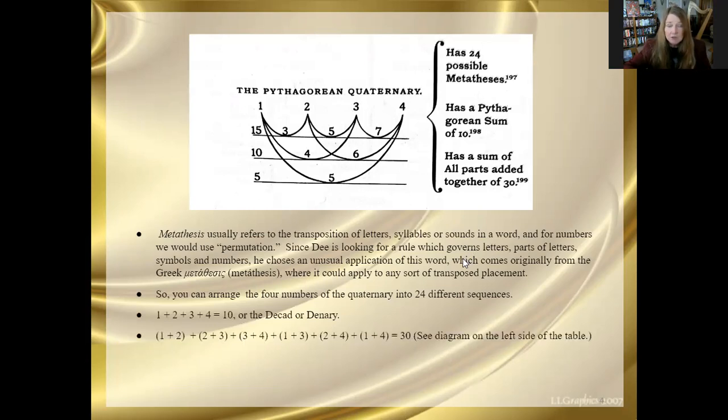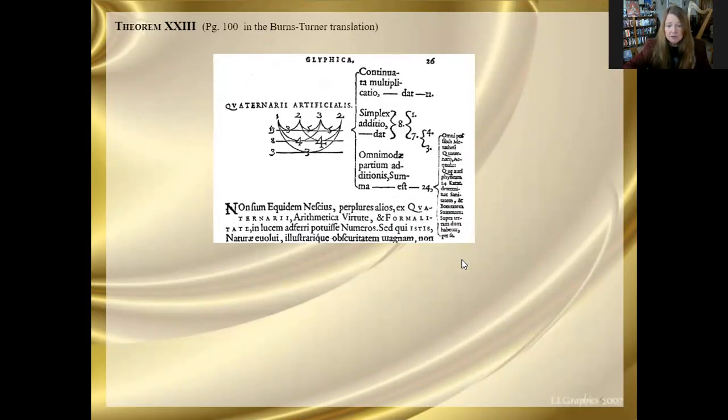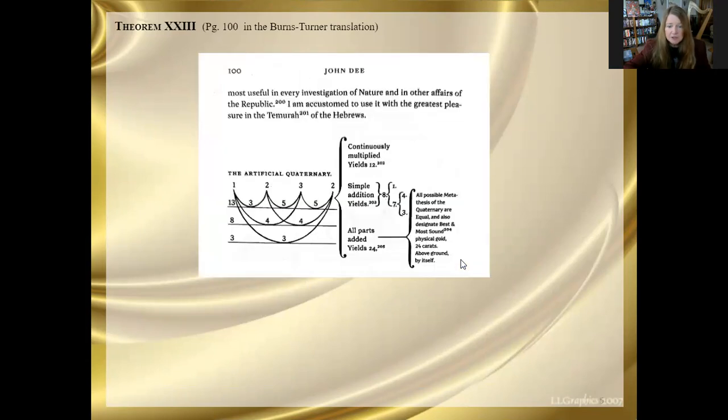So that quaternary we found wasn't that difficult. Then we have his artificial quaternary. And we've talked about how artificial, when he uses that word, means by art, in the way that Plato makes much of the ancient Greek term techne, a skilled art or skilled craftsman. So we saw what he was doing in that one.